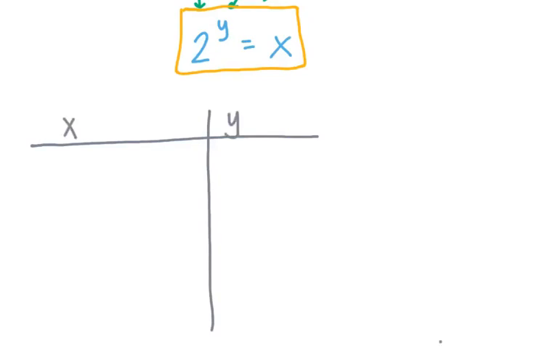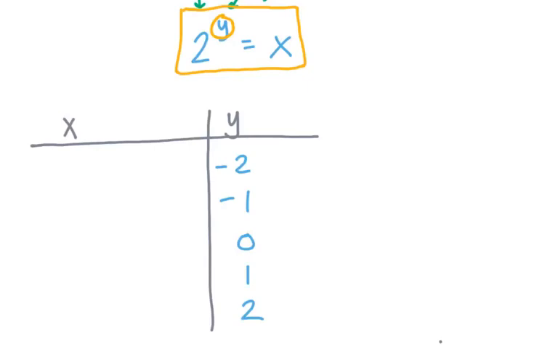The reason why I'm choosing y is because y is the exponent. So I can take 2 to the power of y, evaluate that, and then find my x. So I'm going to pick a couple negatives, 0, and a couple positives, just like we did when we learned to graph exponentials. The only difference, as I mentioned, is these are choices for y, whereas in the past they would have been choices for x.